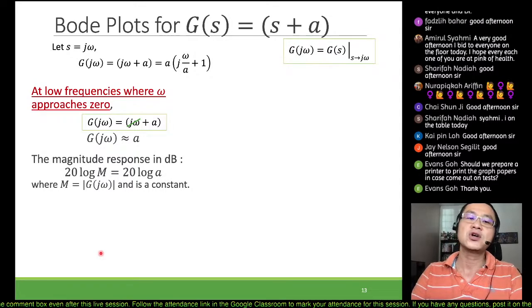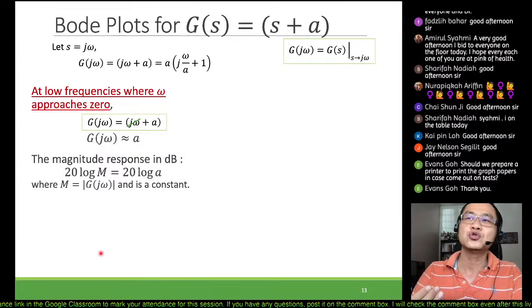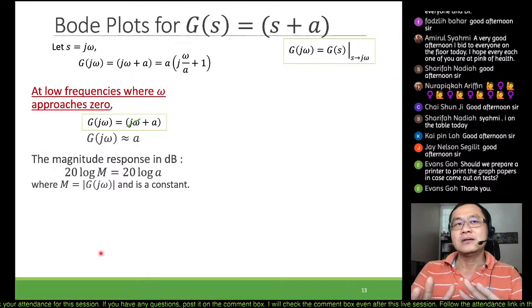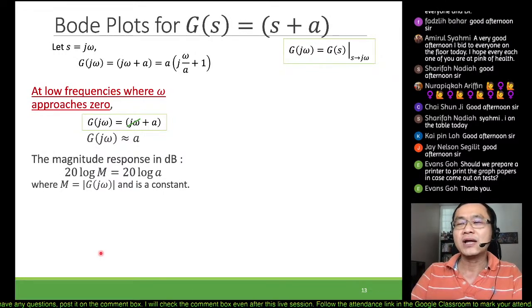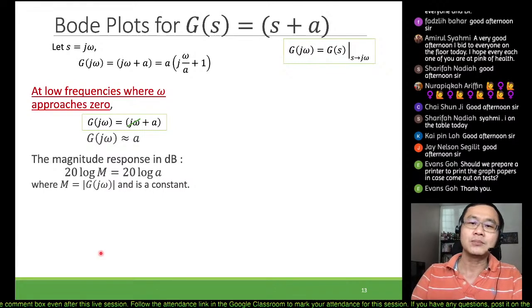We don't have to plot it exactly, but it would be good enough for us to estimate the answer first, so that when we plot it using a computer, we will know whether we keyed in the correct parameters into our computer.